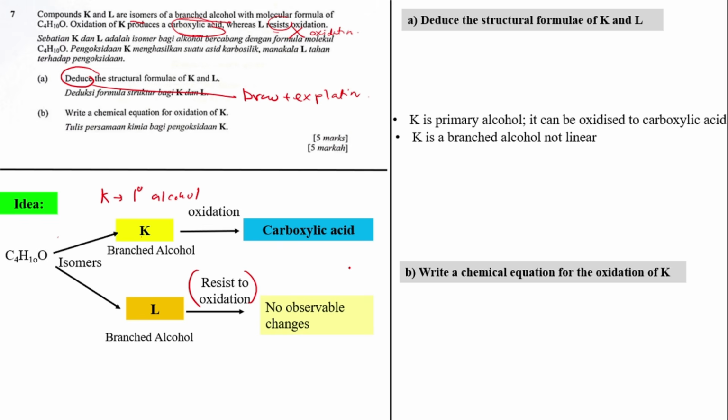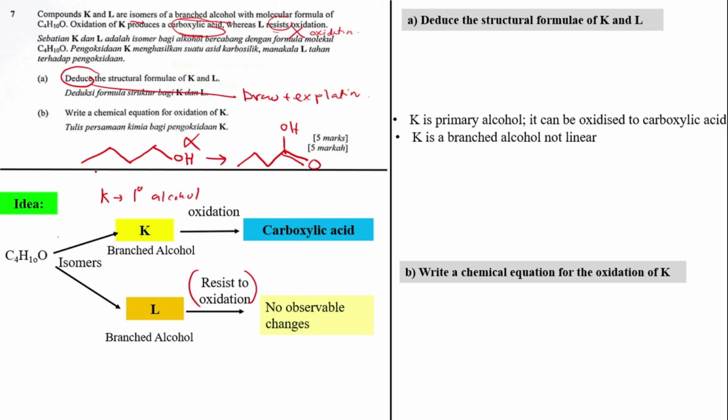Because the formula is C4H10O, we have 4 carbons and OH. Here is a primary alcohol, which can be oxidized into carboxylic acid: 1, 2, 3, 4, then the double bond O and OH. However, this is a straight chain, not a branched alcohol.